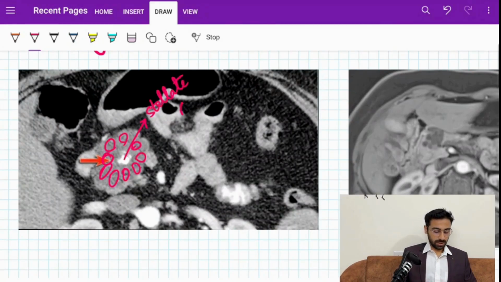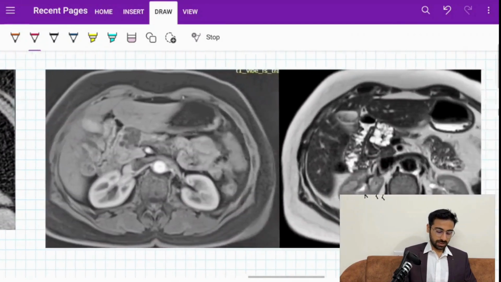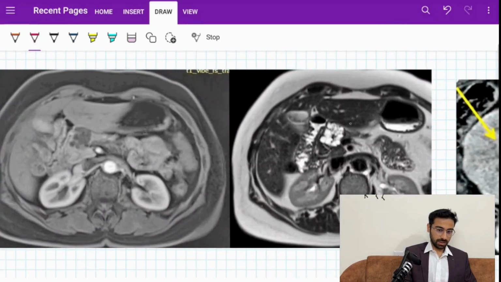Next, we shall see the MRI of this patient. We can see on T2 weighted imaging that involving the head of the pancreas, there is a multicystic lesion, usually polycystic, that is multiple tiny cysts with central stellate scar that is represented by calcification.